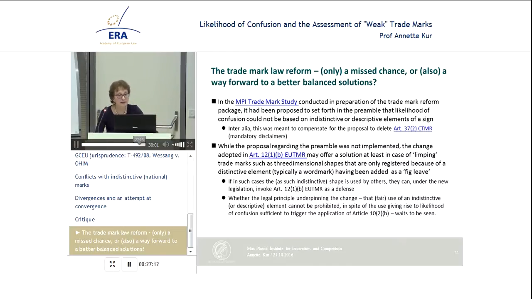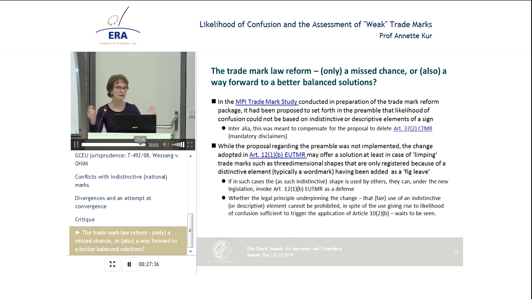one little element that I want to highlight at the end is, however, that there may be some relief coming from the new formulation of the limitations and exceptions, because, as you may have noticed, the second indent in that provision, the small b, has been complemented by pointing to signs which are indistinctive.